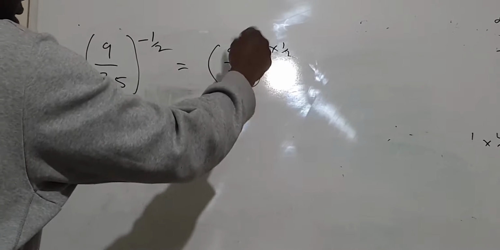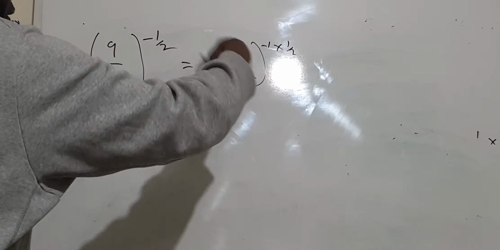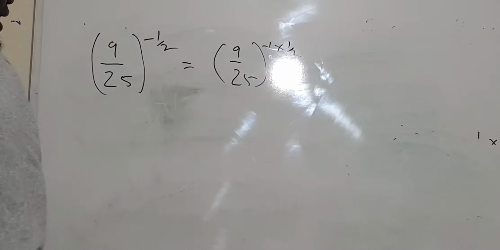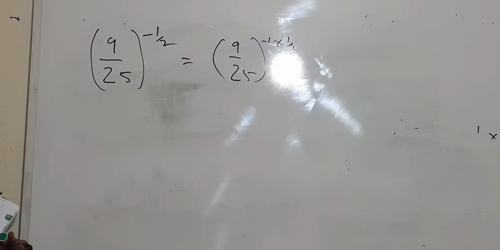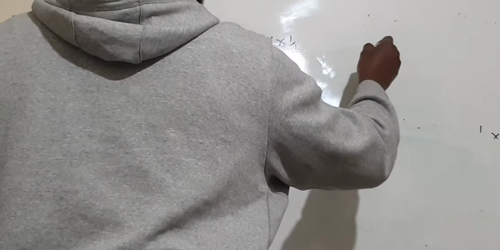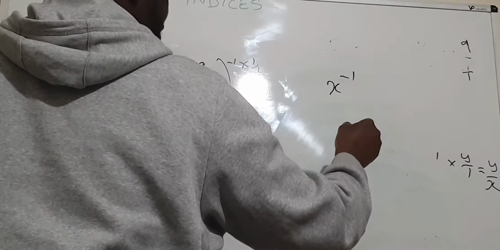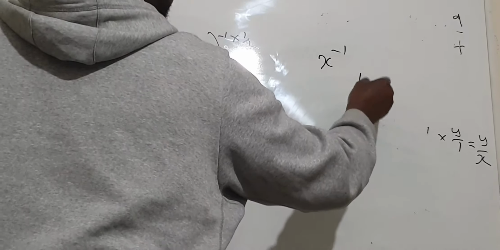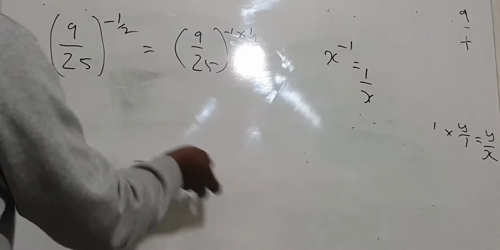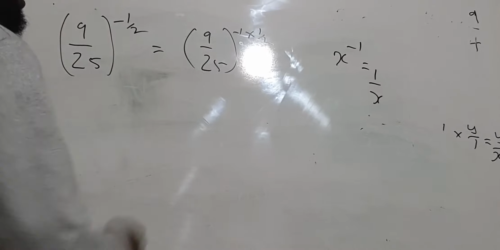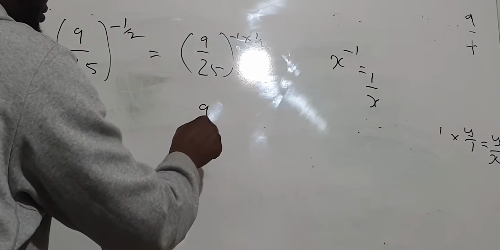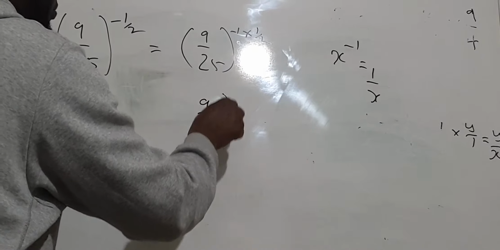We know basically when we get minus 1 to power, minus is the reciprocal, isn't it? Because when you say x to power minus 1, what are we saying? It's 1 over x. So even if we don't use our reciprocal rule, this could mean 9 over 25, all of that to power minus 1.